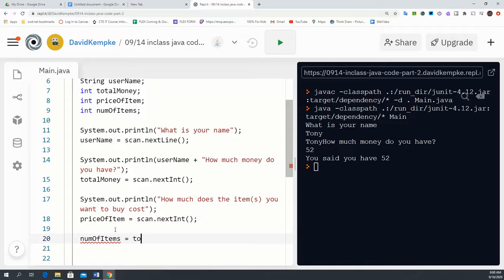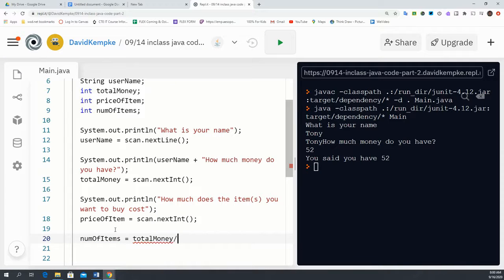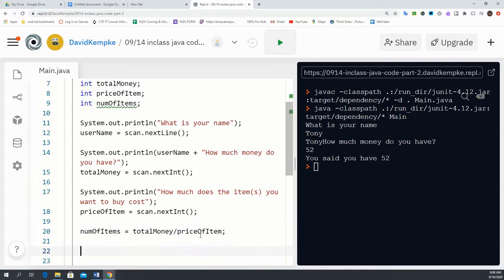the total money divided by, and to do division, we do this symbol, divided by, what do you think? Divided by the price of the item, okay? Alrighty, and then let's tell the user how much they bought.